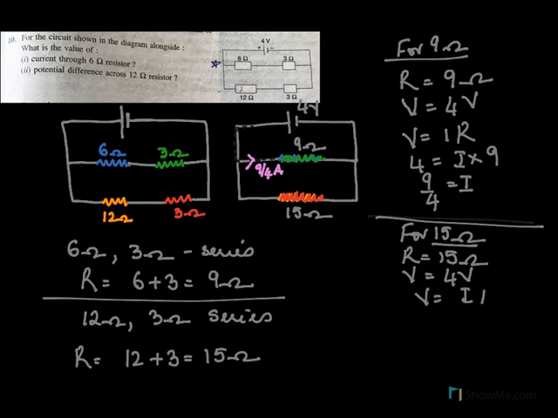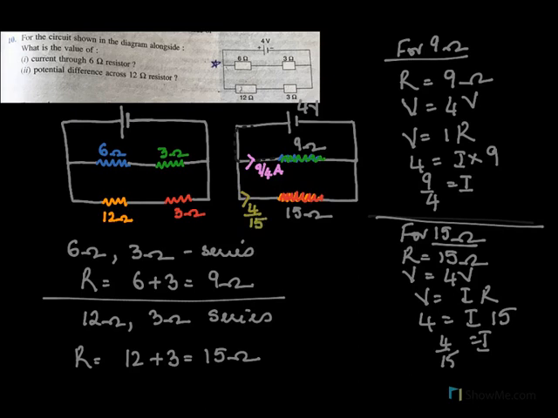So V equals IR, where V is 4, I we do not know, and R is 15. So I is now 4 over 15. Let's mark that up in another color. Here I is 4 over 15.